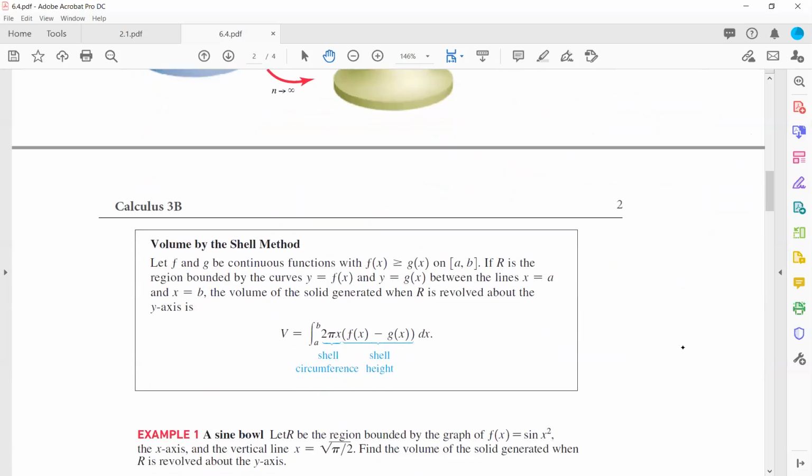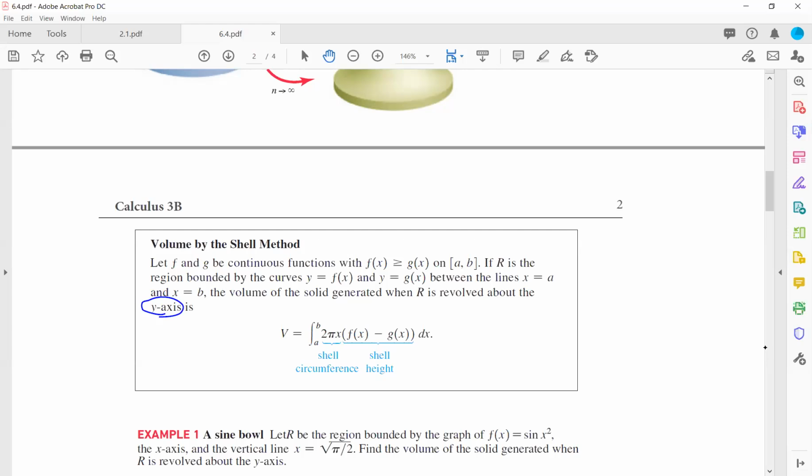Let f and g be continuous functions, f of x greater than or equal to g of x, the region between two functions on interval a to b. If R is the region bounded by the curves f of x and g of x between the lines x equals a and x equals b, the volume of the solid generated when R is revolved about the y-axis follows this formula.